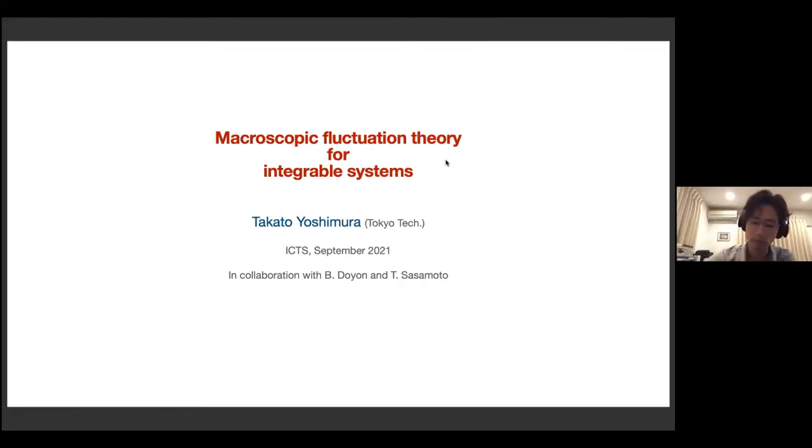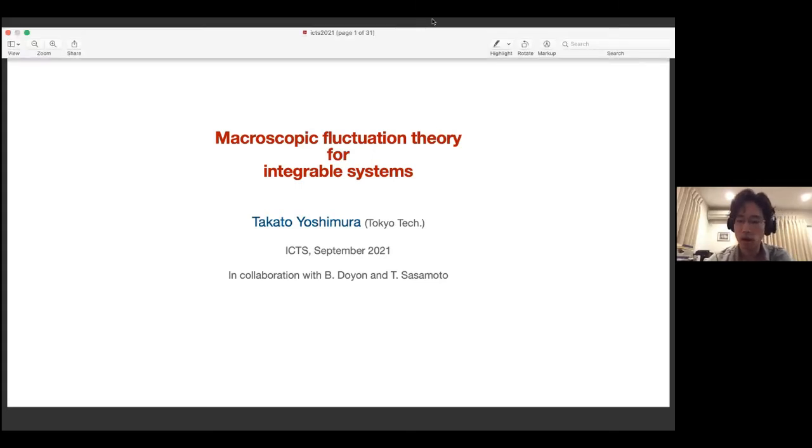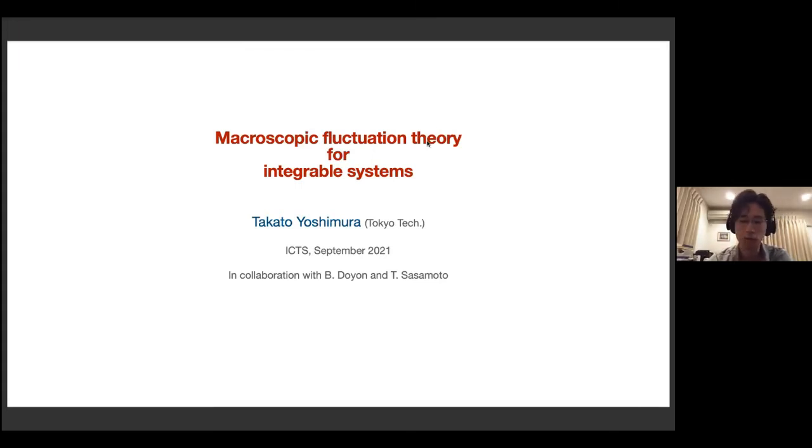So today I'm going to talk about how the idea of macroscopic fluctuation theory possibly could work for studying large deviation properties in integrable systems. This theory, macroscopic fluctuation theory, has been developed for, I don't know, like 20 years, and it has primarily been applied to classical diffusive systems.